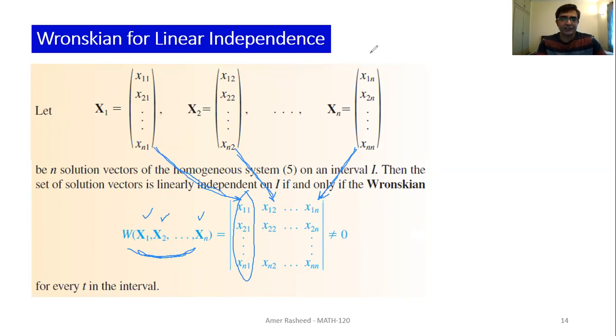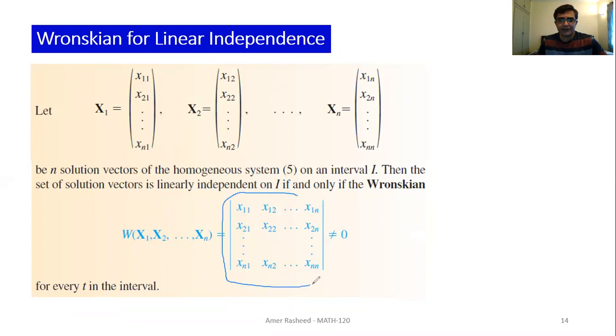The Wronskian is the determinant of these column vectors. If for every t in the domain this determinant is not equal to 0, then we say that these vectors are linearly independent.